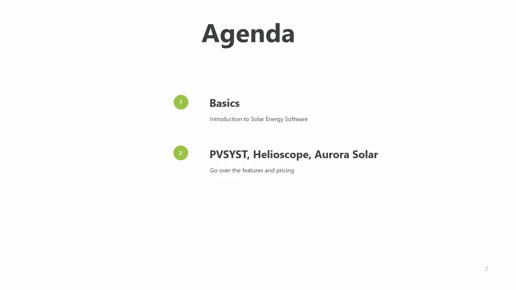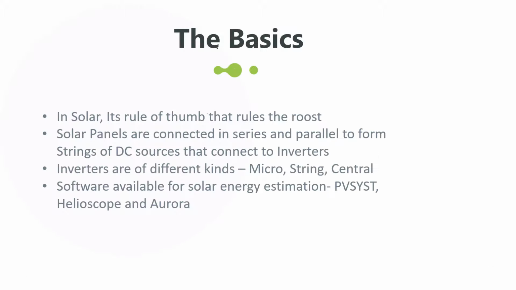So PVSYST, Helioscope and Aurora Solar. We'll briefly go over the features and pricing basically, and then we'll just summarize it and the pros and cons, if there are any. All the three of them are good in their own areas, and yeah, without further ado, let's go ahead. The basics.